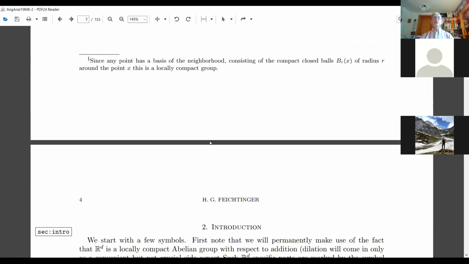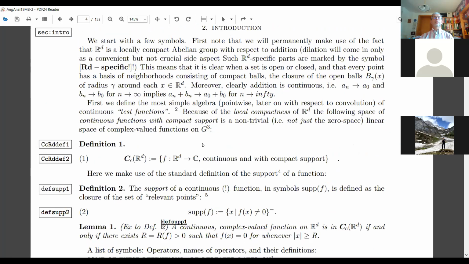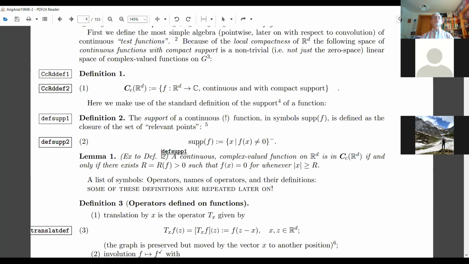So, and I would start slowly now with the definition that we have already seen, the continuous function with compact support. Since there is no protest, I think I can go on.